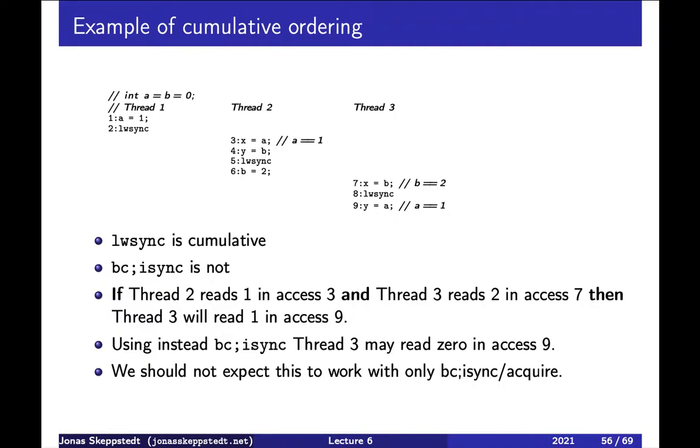But if we instead would have used the branch conditional and isync, it could happen that thread 3 instead would read the old value of A, meaning 0. Okay, and the reason for that is that branch conditional and isync is not cumulative.